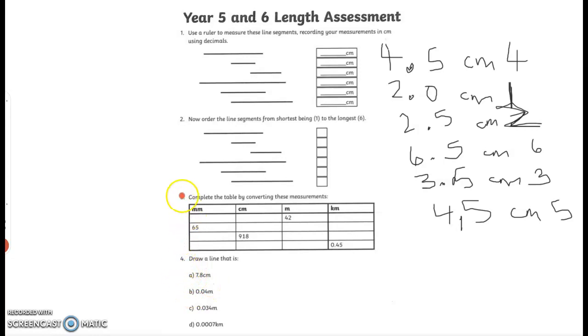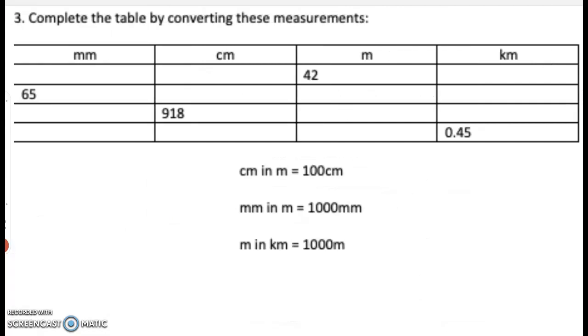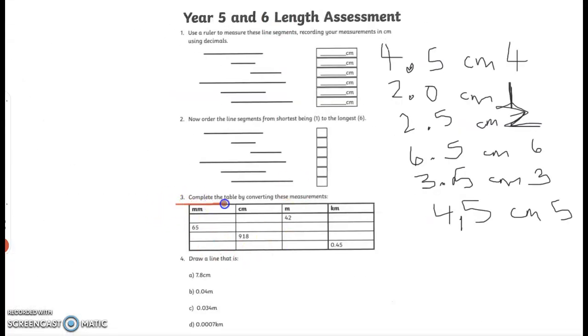Now for this number 3, let me see. It says here, number 3, complete the table by converting these measurements. So you have a column here, millimeters, centimeters, meters, and kilometers.